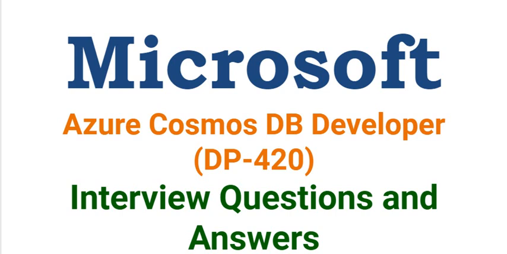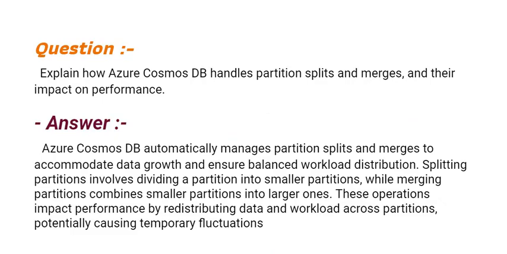The question is, explain how Azure Cosmos DB handles partition splits and merges and their impact on performance. Your answer should be: Azure Cosmos DB automatically manages partition splits and merges to accommodate data growth and ensure balanced workload distribution.